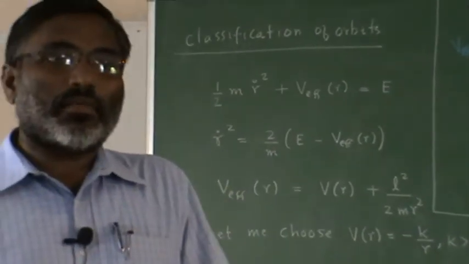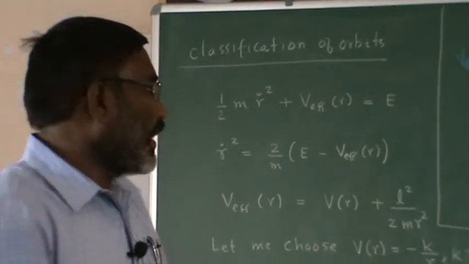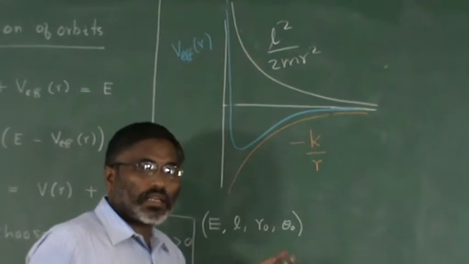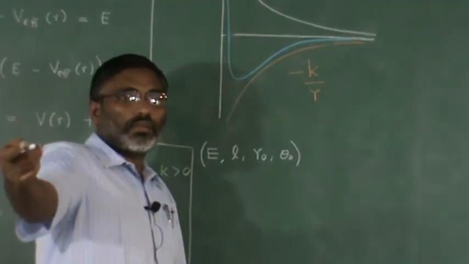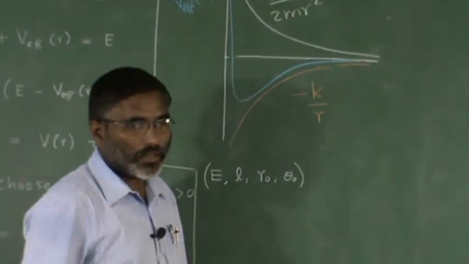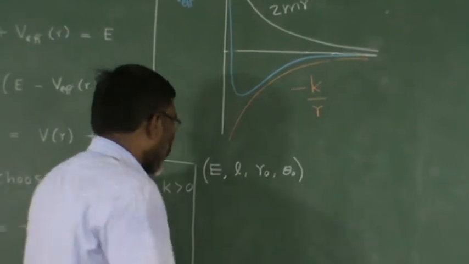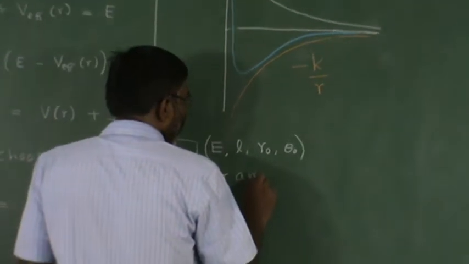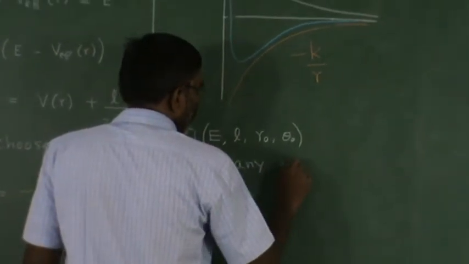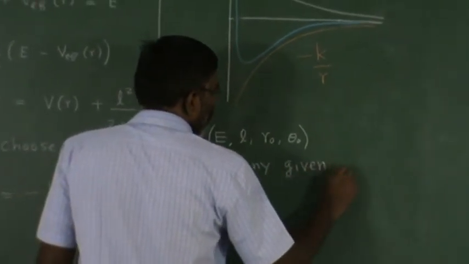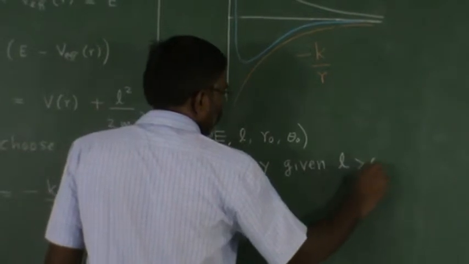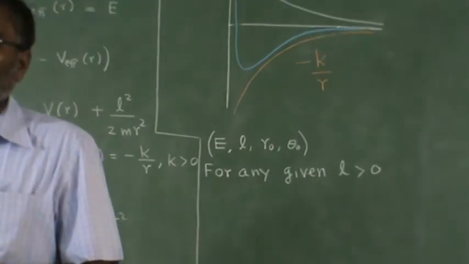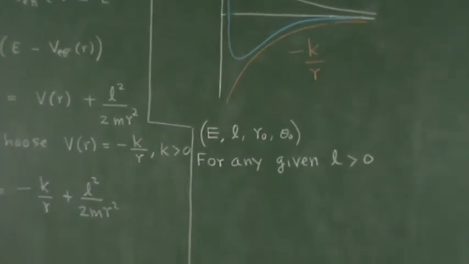You understand the dynamics. These are arbitrary because these are along the path. I could have chosen at time t equal to 0 wherever I am in the path. So for any given L greater than 0, the choice reduces to the energy.